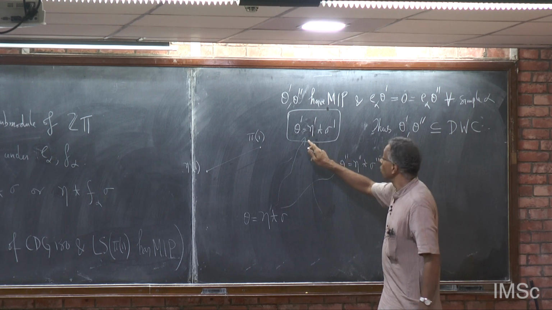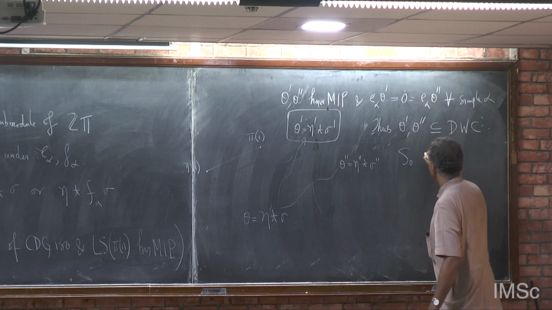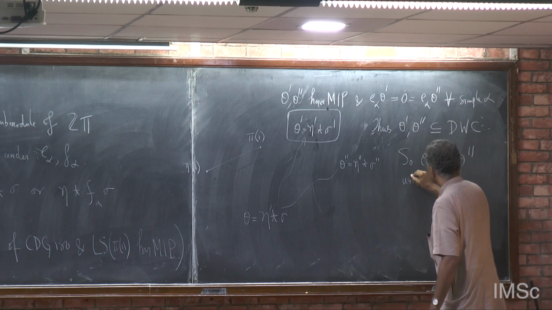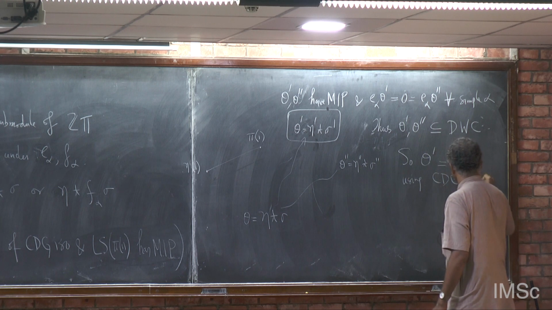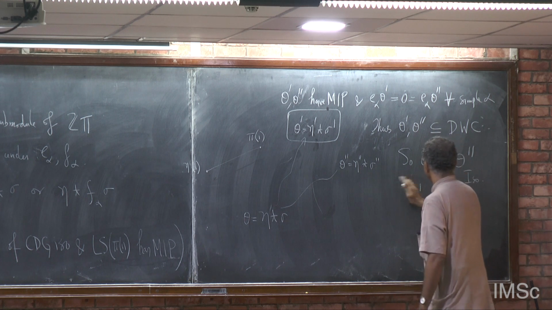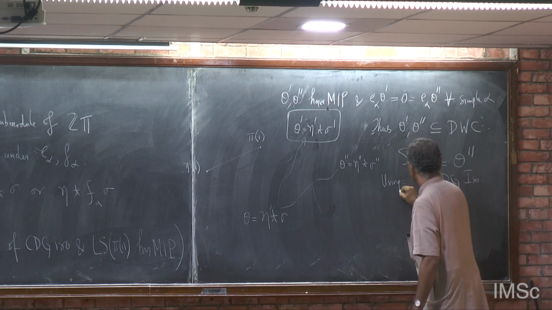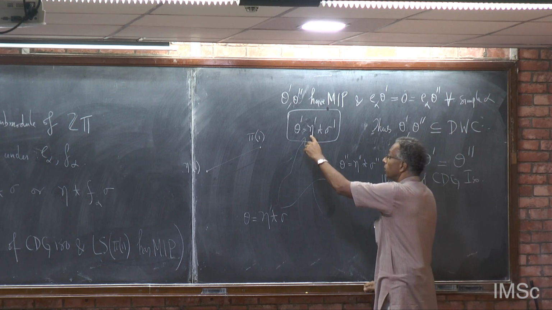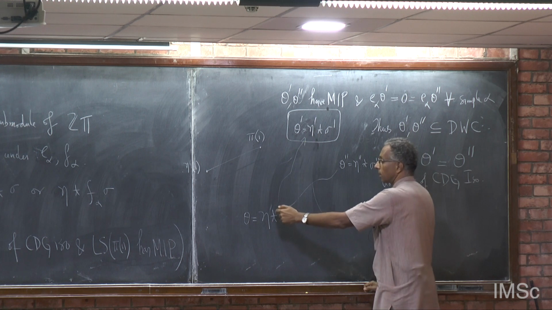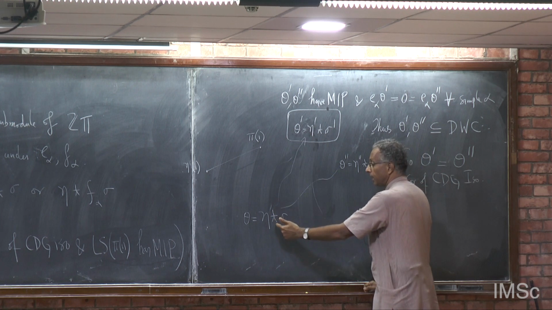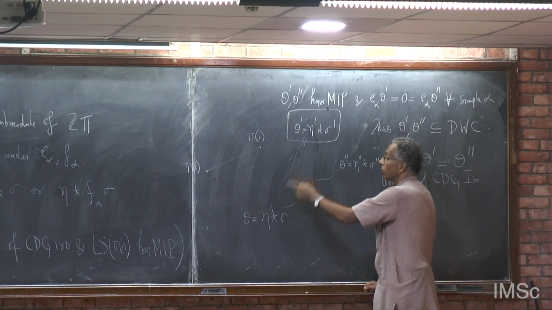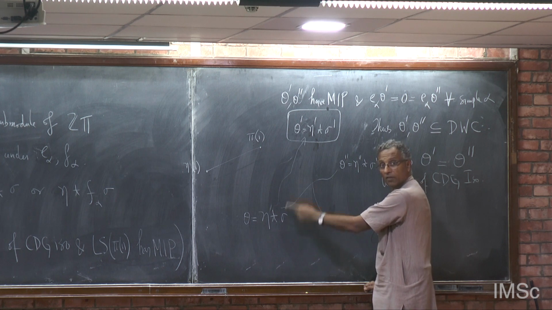Look here, now I'm going to prove that theta prime is equal to theta double prime by an argument using a corollary of the colored directed graph isomorphism. Here is the argument. You got this by applying, starting from here, E alphas. So you should be able to get this by applying F alphas from here.